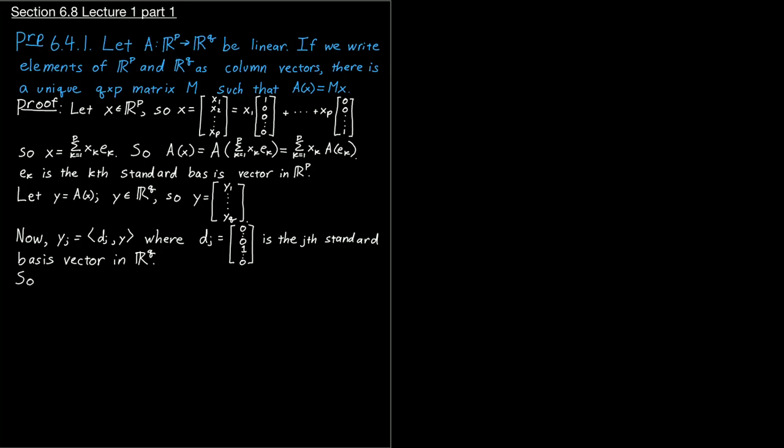So we can write this as Yj, that's the inner product of dj with Y, that's the inner product of dj with A of X, that's the inner product of dj with our sum, then because inner products are linear, we can move the XK out.